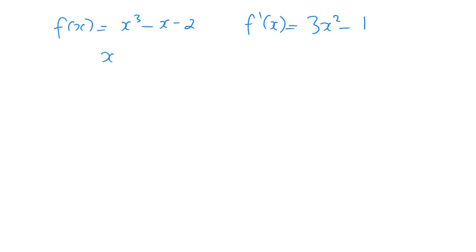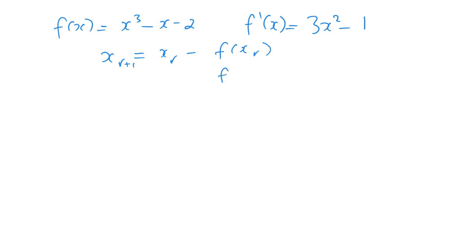Okay, so to apply the Newton-Raphson, you need to have f of x, which is x cubed minus x minus 2, and we also need the differential of that. So we get 3x squared minus 1. Okay, so our Newton-Raphson, which remember you get in your formula booklet.